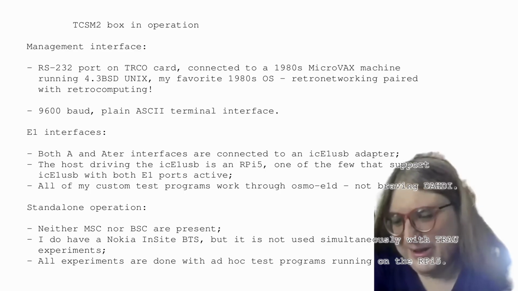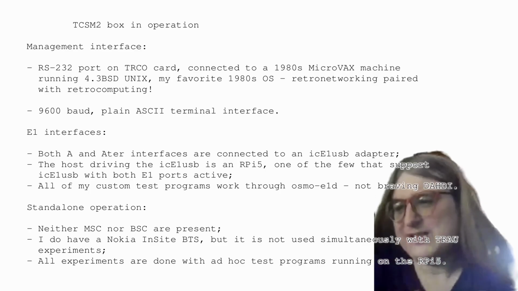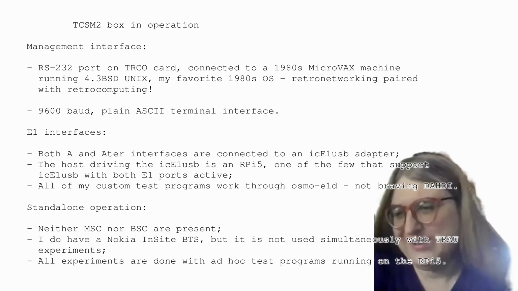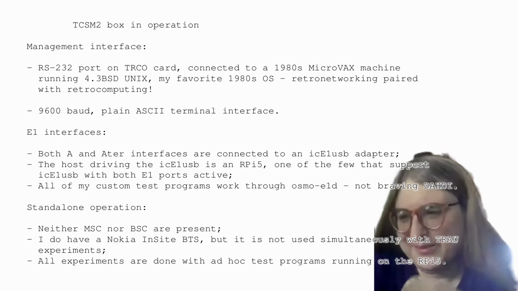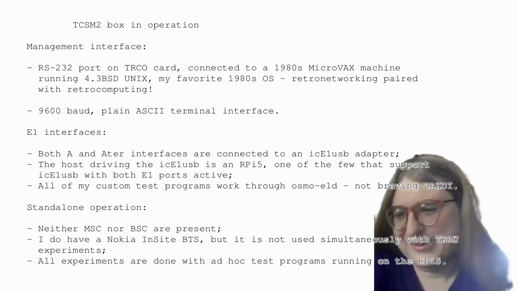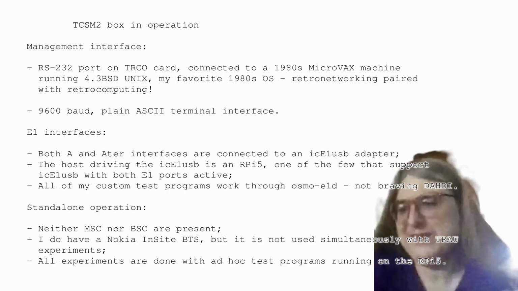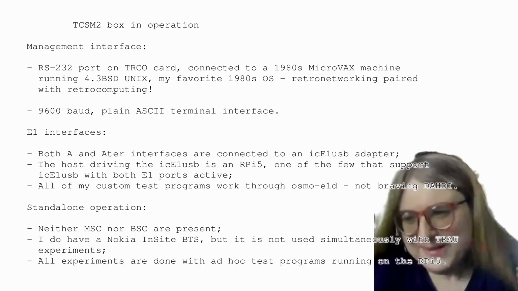And so on the MicroVAX, the serial ports come in blocks of 8. So you have a serial card that has 8 ports on it, and each of the 8 ports is a full DB25, the full 25 pin. And the connector on the TRAU is the full 25 pin. And I just happen to have a straight through male to female 25 pin cable. So I figured, okay, well, that's what I'm going to use.